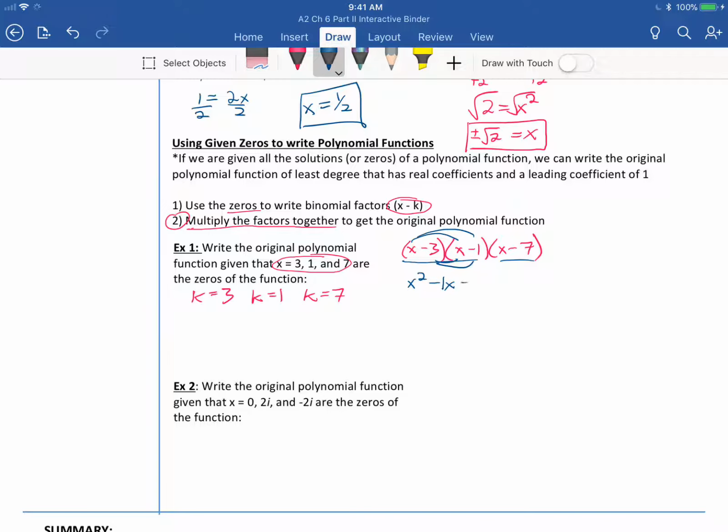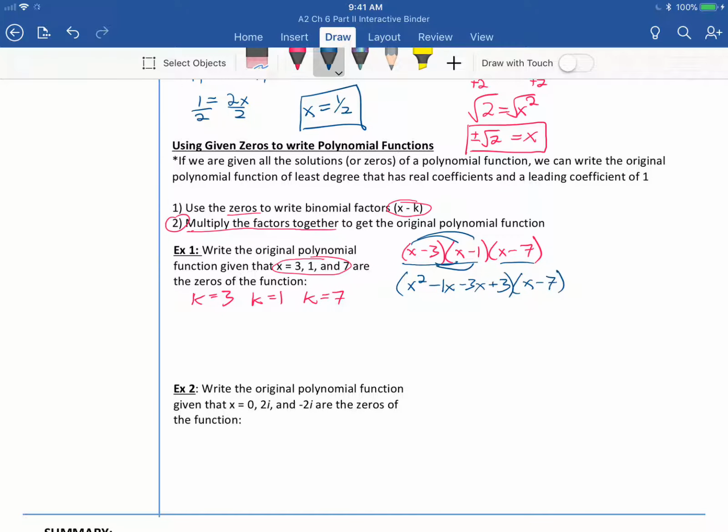My negative 3 times my x gives me negative 3x. And my negative 3 times my negative 1 gives me positive 3. I still have x minus 7 tacked on at the end. So I have x squared, these combine to make negative 4x, plus 3. And then I still have to multiply it by that x minus 7.